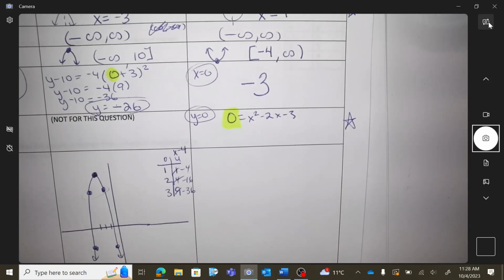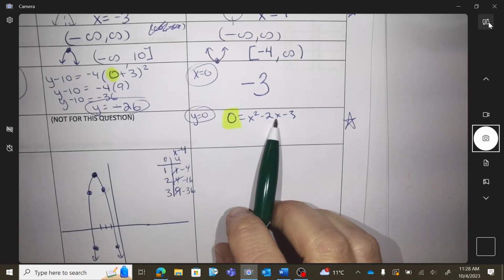So what if y was 0? How do you solve this in math? I'm looking for a word, a process. How do you solve that equation in math?